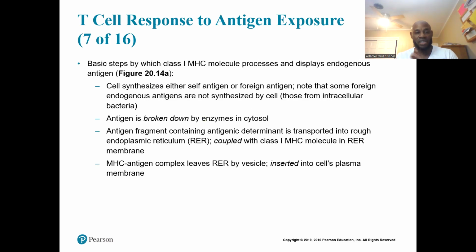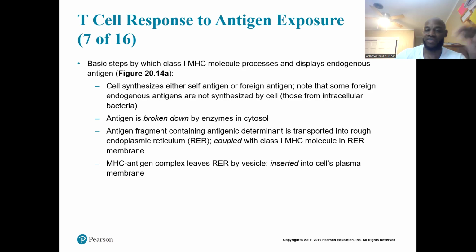All right, so the basic steps by which a class 1 MHC molecule processes and displays endogenous antigen. The cell synthesizes either self-antigen or foreign antigen. The antigen is broken down by enzymes in the cytosol. Remember, that's in the cell, the fluid in the cell. The antigen fragment containing the antigenic determinant is transported into the RER, referring to the rough endoplasmic reticulum, and coupled with the class 1 MHC.